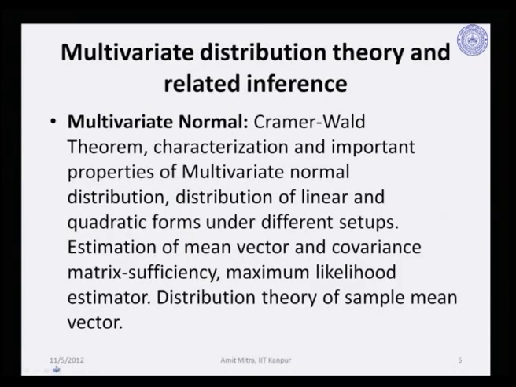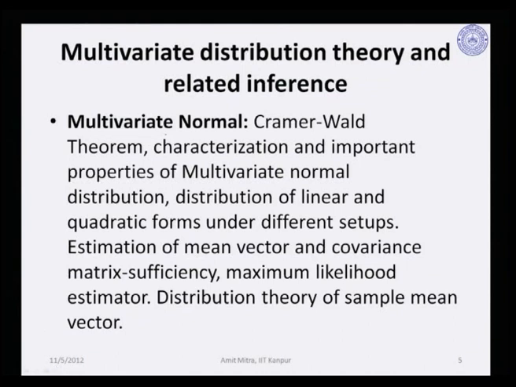Now, what type of multivariate distribution theory are we going to look at? We will first consider a very general framework of looking at a multivariate random vector, quantities which actually are going to characterize such multivariate vectors, and then introduce multivariate normal distribution.